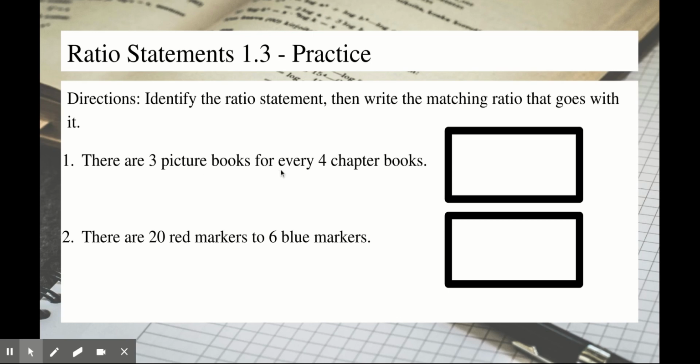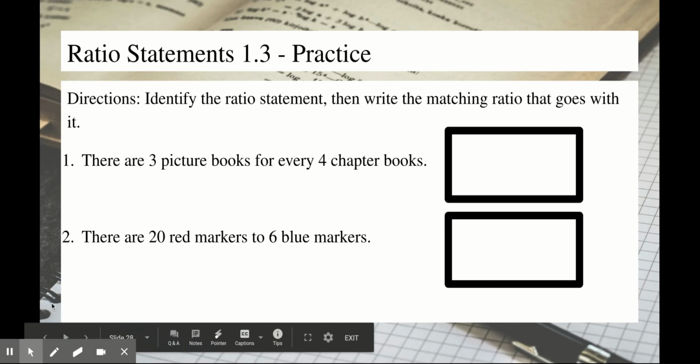So we have for every, and then we state our next number. So this has the two keywords, and it fits in our ratio statement perfectly. So we can conclude that this is a ratio statement.